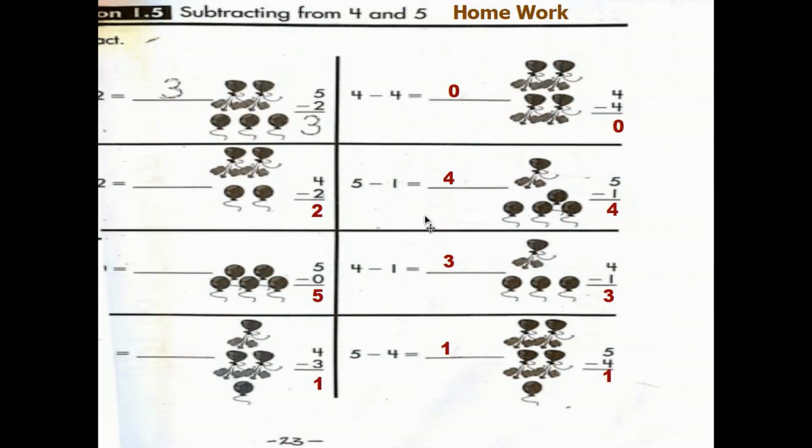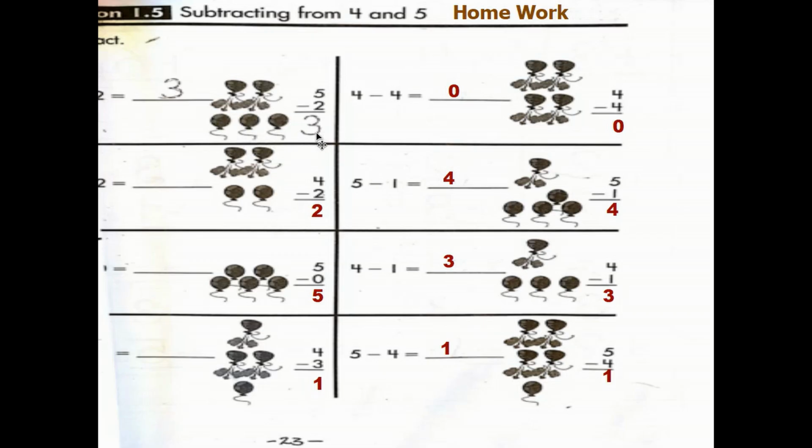I gave you one homework at the end, and here are the answers. Try to take corrections and compare your answers. For example, here you have 5 balloons. If 2 balloons explode, how many are left?